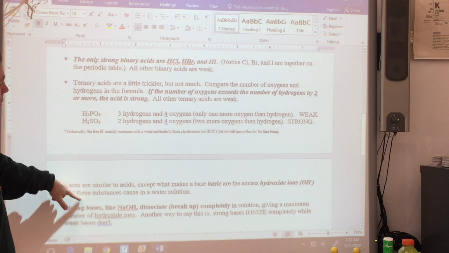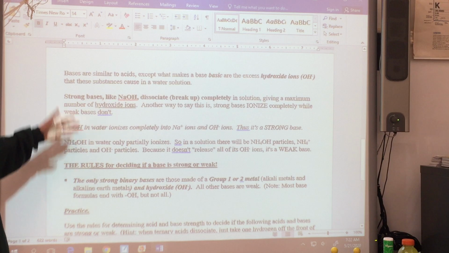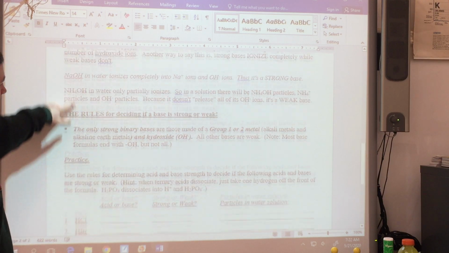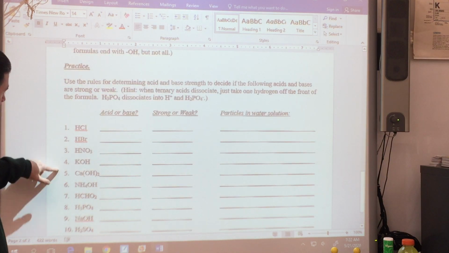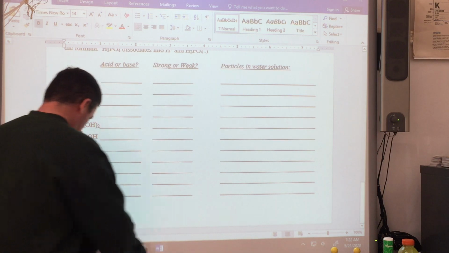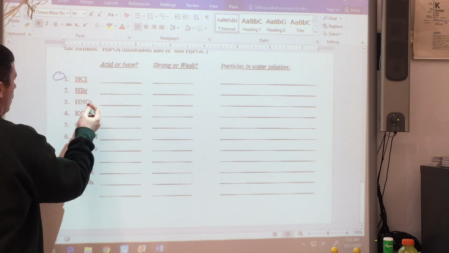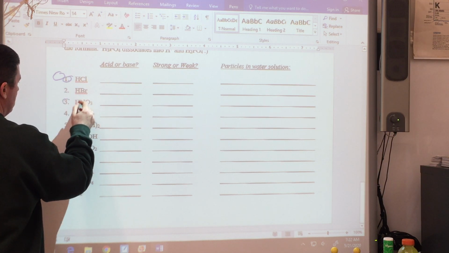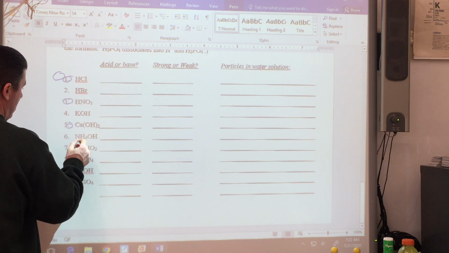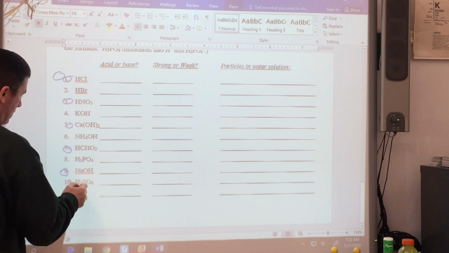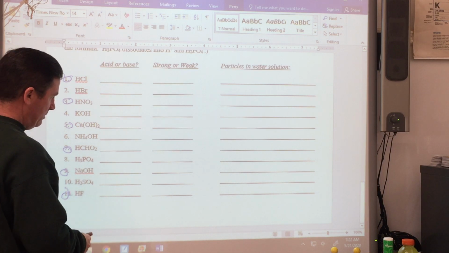It gives you the rules, and then it does the same thing for the bases. And then you get to practice. Okay? So, I just want you to do the odds: 1, 3, 5, 7, 9, and 11.